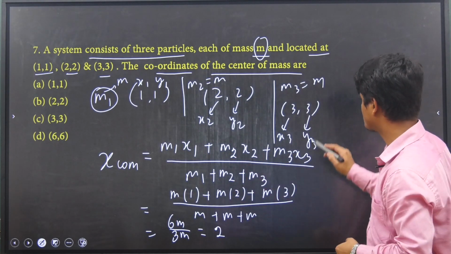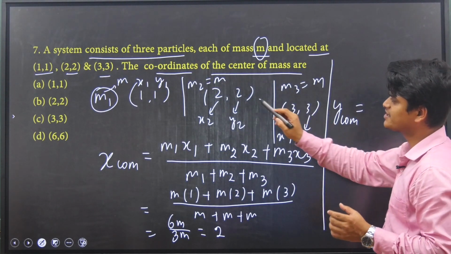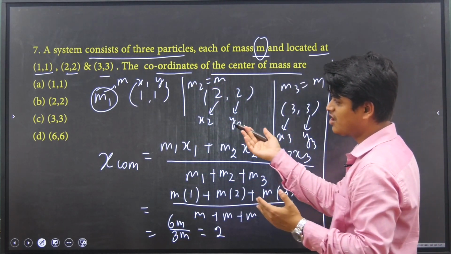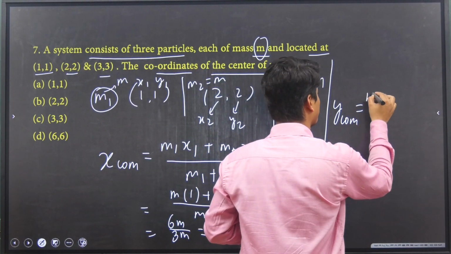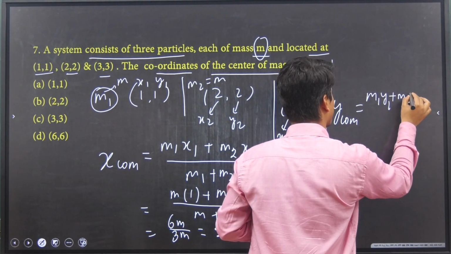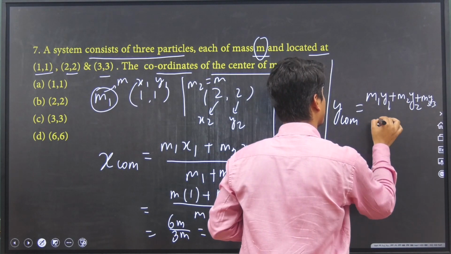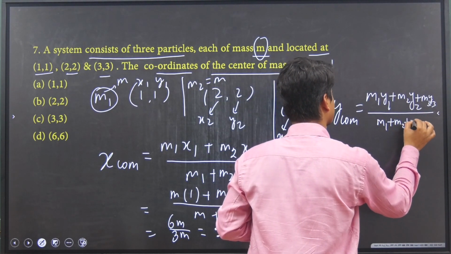Similarly you can calculate YCM, because coordinates means both x and y you have to calculate. Z is not given, so z is not needed. For YCM, a similar formula: m1 y1 plus m2 y2 plus m3 y3 divided by the addition of the masses m1 plus m2 plus m3.